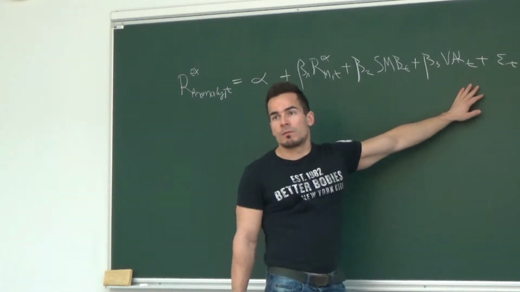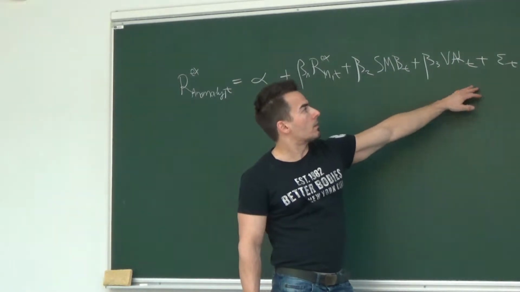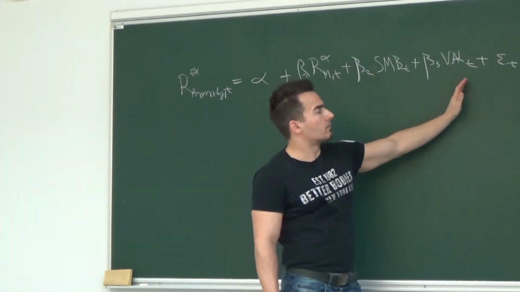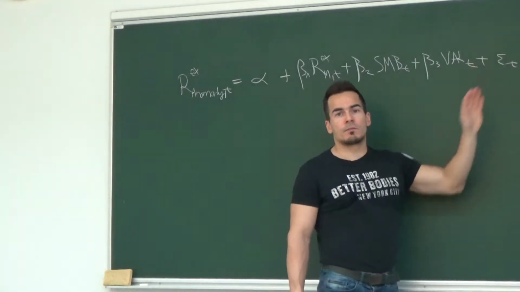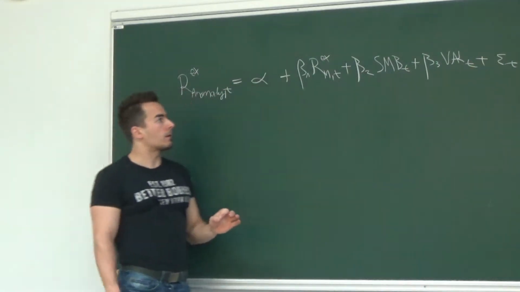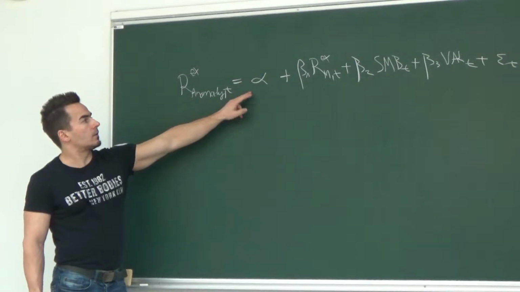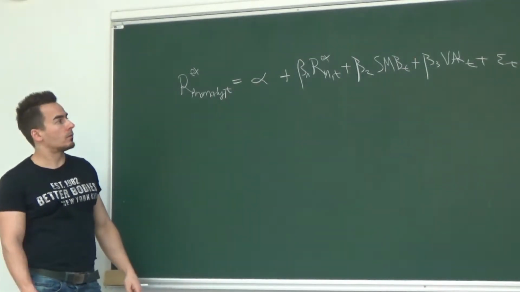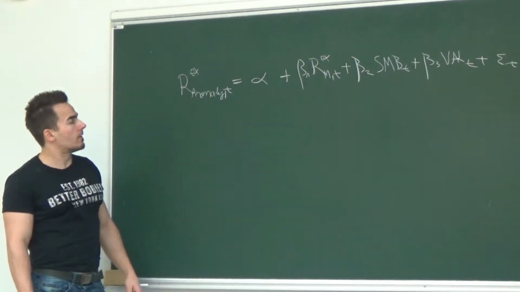Or we could also use the Fama and French six-factor model, where we would add the momentum factor as well. And what we also include is of course the intercept term, the point estimate for the intercept.